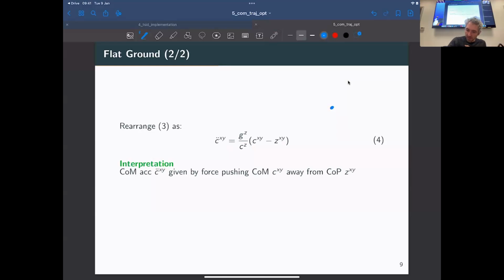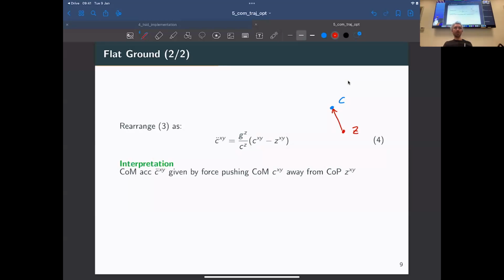So imagine you have your center of mass here, and you have your center of pressure z there. So this direction, c minus z, is the following direction. You can imagine it as an arrow that goes from the center of pressure to the center of mass. And this is the direction in which you're accelerating the center of mass. So you can think of this as the center of pressure pushing on the center of mass.